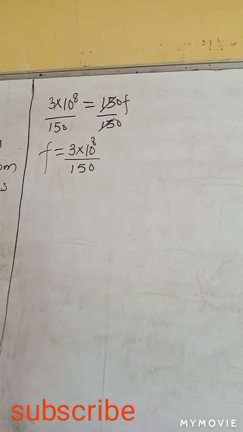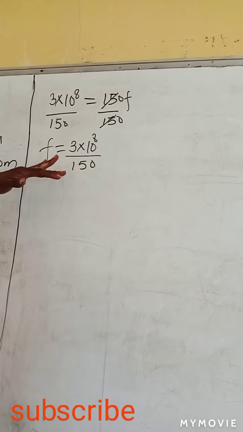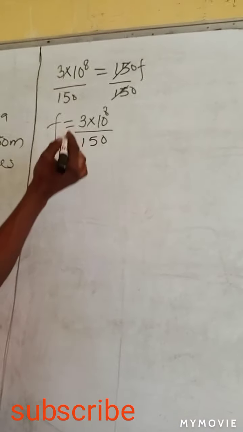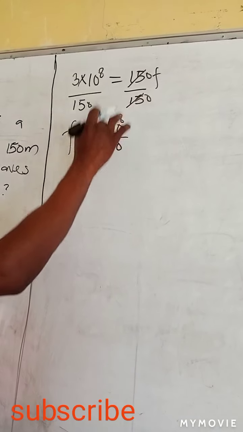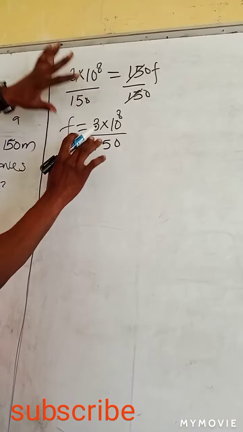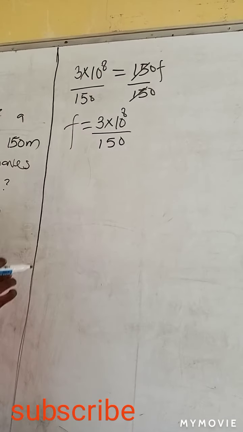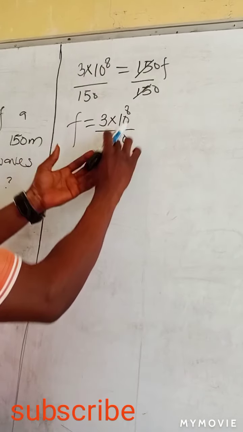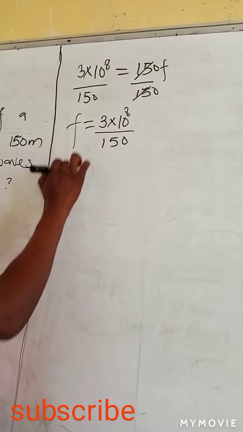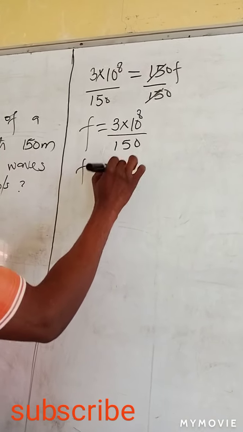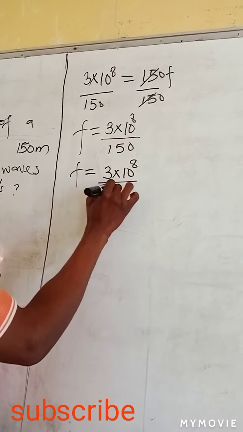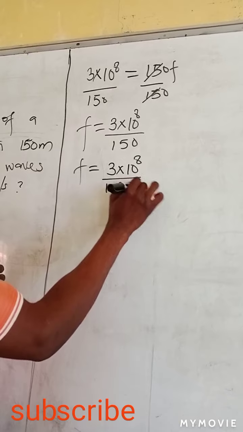Since F is now equal to 3 times 10 raised to power 8 all over 150, you know the numerator side we have in standard form. You can as well decide to change the denominator side into standard form by saying F equals 3 times 10 raised to power 8 all over 1.5 times 10 raised to power 2.